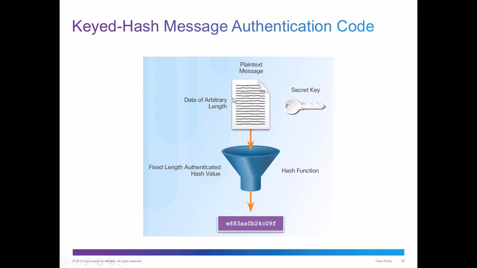So when you receive the plain text message with the encrypted hash, which has been encrypted with a key, the first thing you do is use the same key on the other side. You take the encrypted hash that's been stamped on there, like my signature, and you decrypt the encrypted hash.